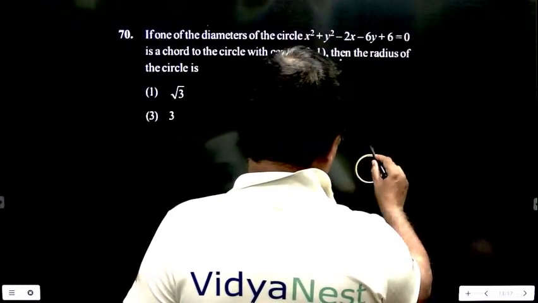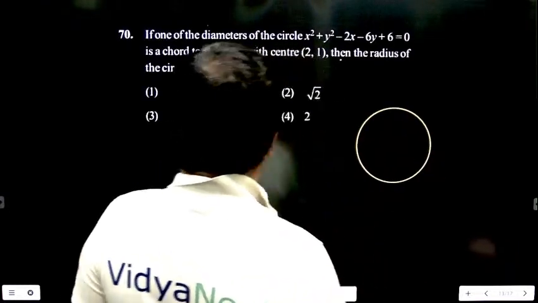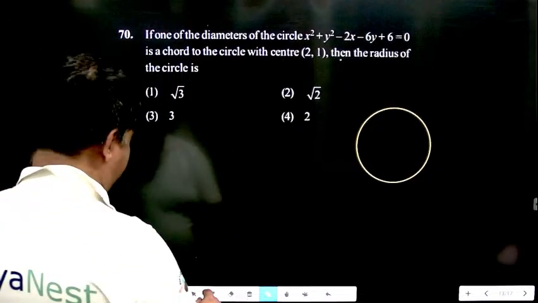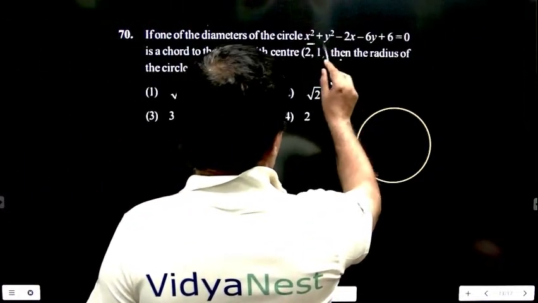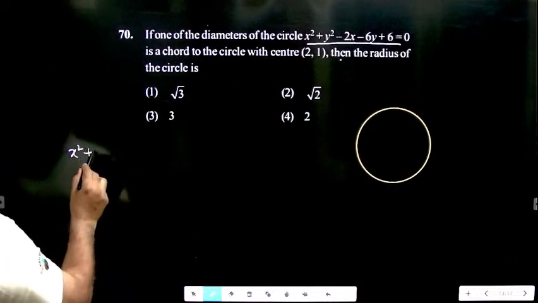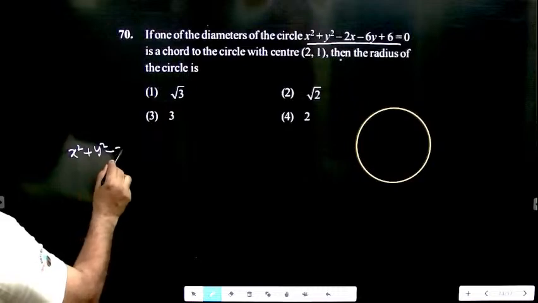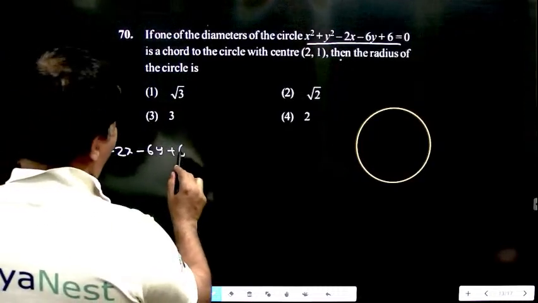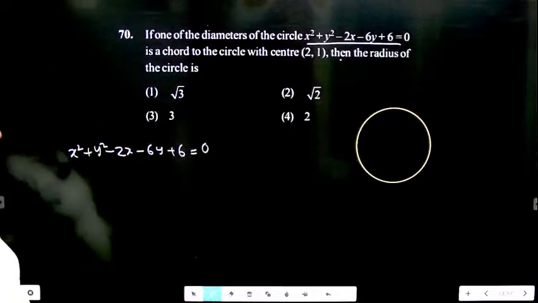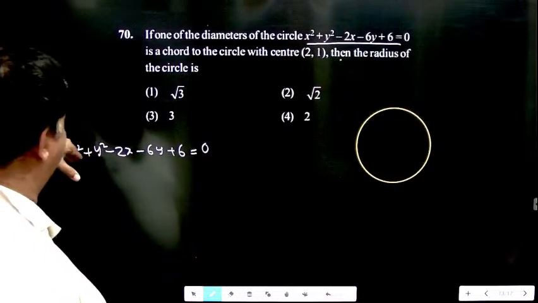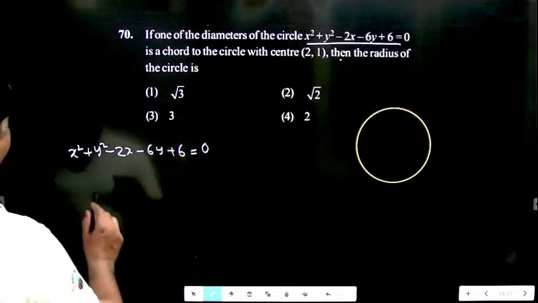See, let us draw the figure. There is one circle. Circle's equation is given: x square plus y square minus 2x minus 6y plus 6 is equal to 0. Okay. Now, you bring the proper form of the circle.